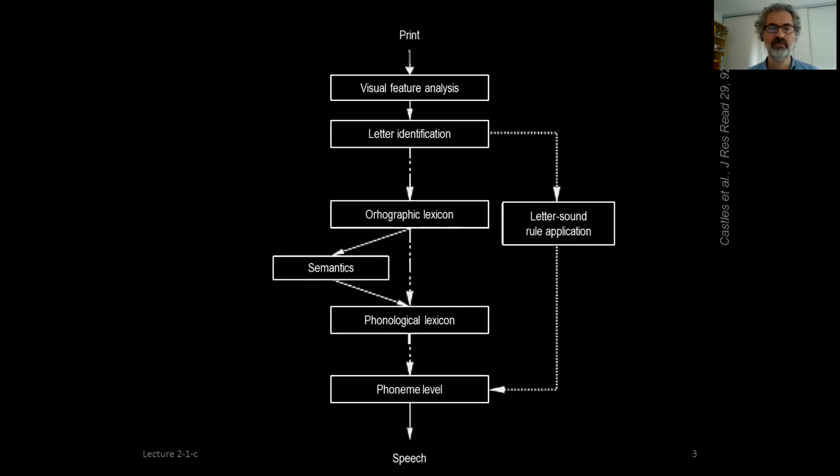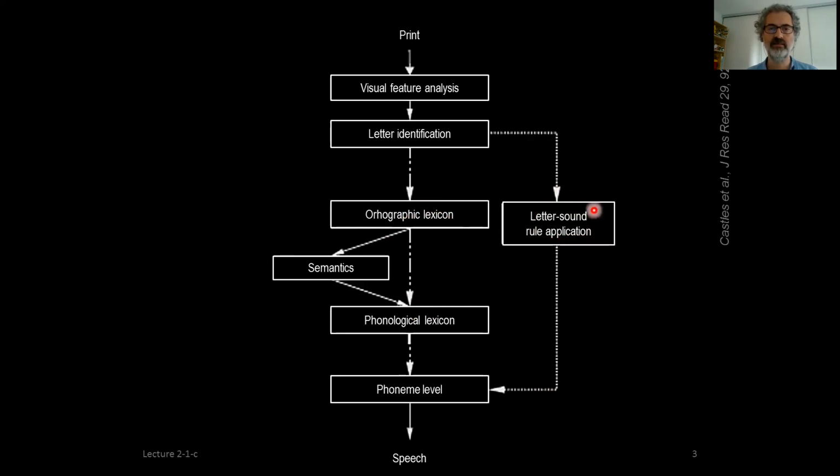The crucial addition of this model was the so-called indirect route. The indirect route assumes that there is a rule application mechanism here that maps individual graphemes to phonemes. So this doesn't work in the same way as this. This is a direct connection between orthographic and phonological word forms, but this is a rule application machine which works serially.